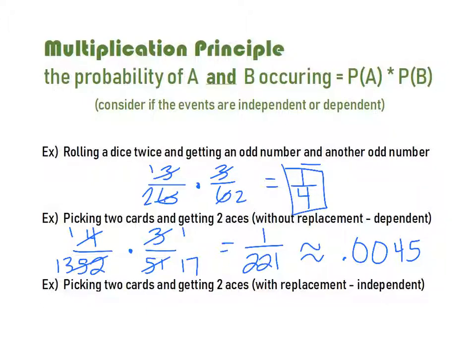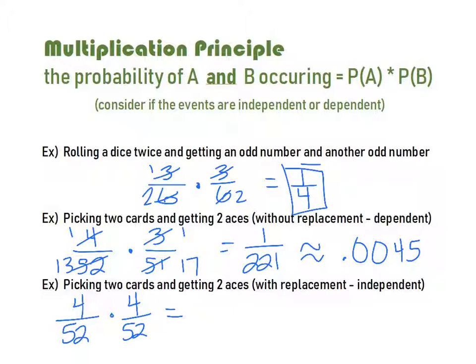All right, last example. Picking 2 cards and getting 2 aces with replacement. This time I'm going to have 4 successes out of 52 cards in the deck, and then I'm going to do it again. But this time I replaced that first ace, so I still have 4 aces in the deck and I still have 52 cards.